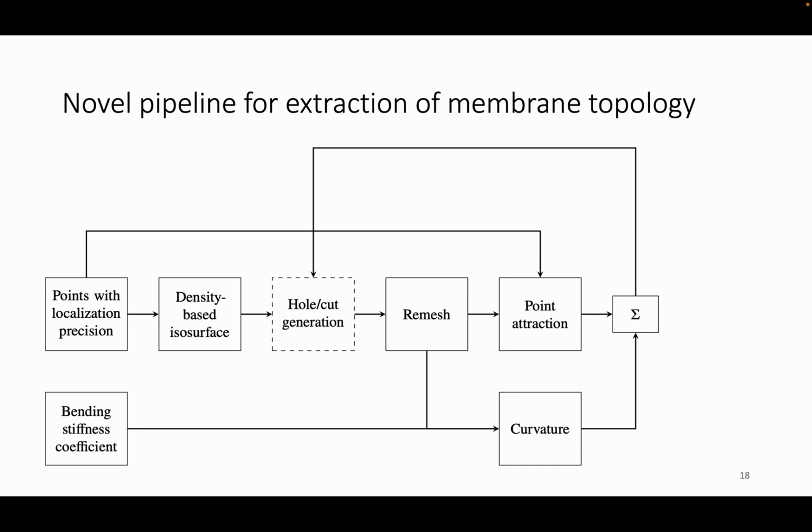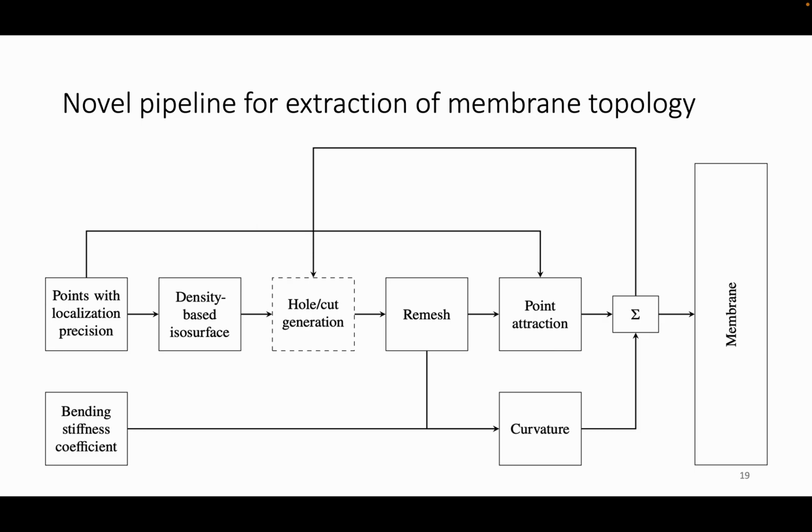And then we balance the point attraction and the curvature force against one another and iteratively update the mesh position. And once the mesh vertex positions are not updating very much from iteration to iteration, we say we've converged and we've found our membrane.